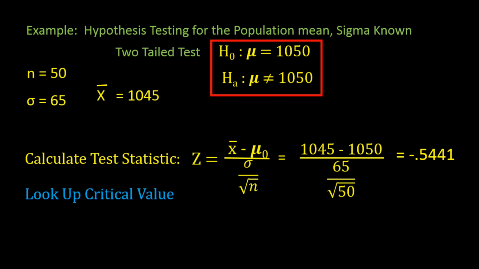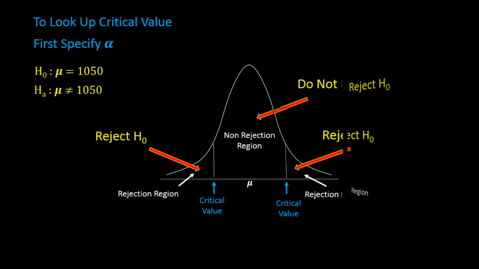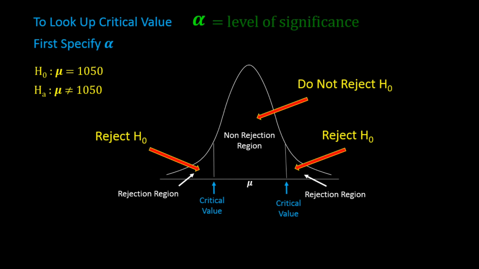The next step is to look up the critical value that will divide the normal distribution curve into rejection and non-rejection areas. This is what the distribution would look like with the areas divided into rejection and non-rejection regions. Before we can see where the boundaries are, we must first specify alpha, our level of significance. Let's say we will be using an alpha value of 0.05. This is our level of significance.